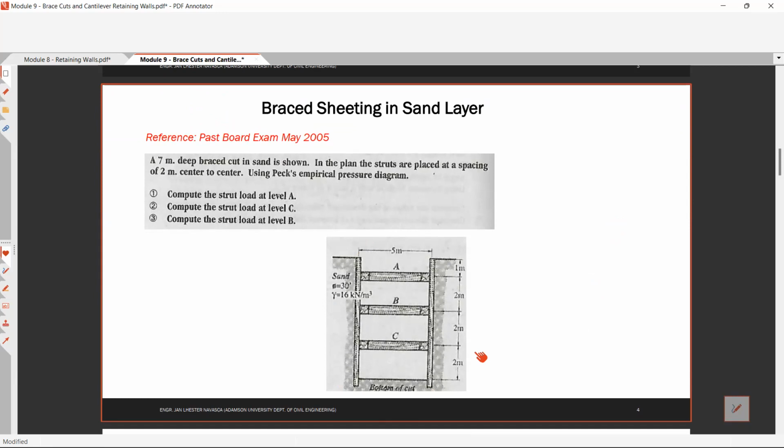Using the Peck empirical pressure diagram, let us compute the strut load at level A, strut load at level C, and strut load at level B. We have sand with phi equal to 30 degrees angle of internal friction, and a unit weight of 16 kilonewton per cubic meter.